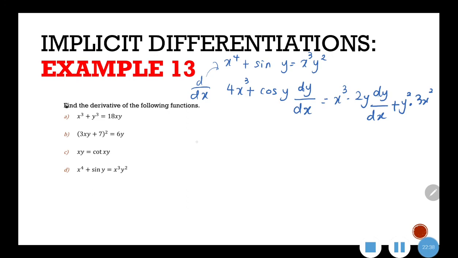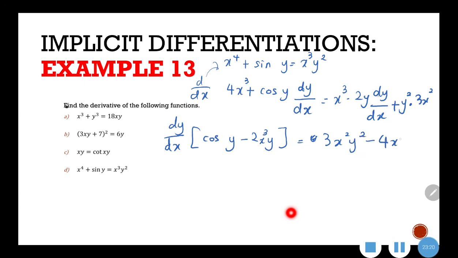Okay, so now pull together the dy dx terms. You will get cos y minus 2x cube y, and this part here should be, okay, 3x square y square minus 4x cube.